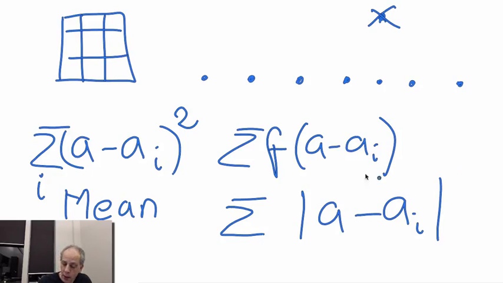Once again, you can prove this. It's a bit more difficult proof, because when we discussed how to prove the mean, we said just take derivatives, make the derivative equal to 0, and you're going to find that A is the average of all the Ai. Here, you're not allowed to take a derivative because at 0, the absolute value doesn't have a derivative. So the proof is a bit more delicate, but I'm sure that you can do it as a bonus exercise.